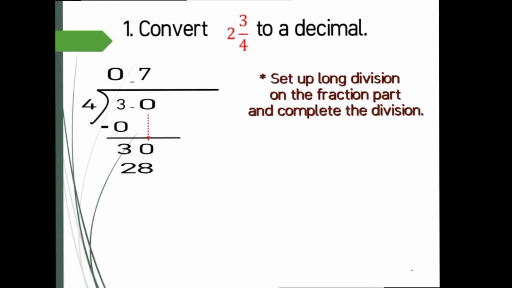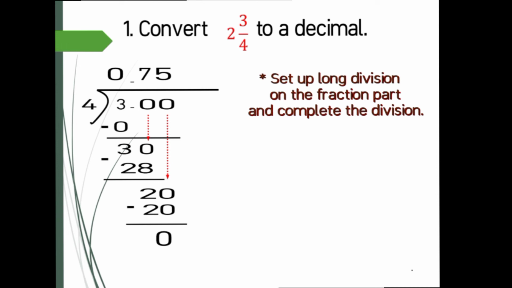And then, subtract, magiging 2. Add 0, bring it down. Magiging 20. 20 divided by 4 is 5. 5 times 4 is 20. Subtract them. Magiging 0. So, hindi na po tayo magdadagdag ng another 0 kasi 0 na ang sagot sa baba. So, yun na ba yung sagot?